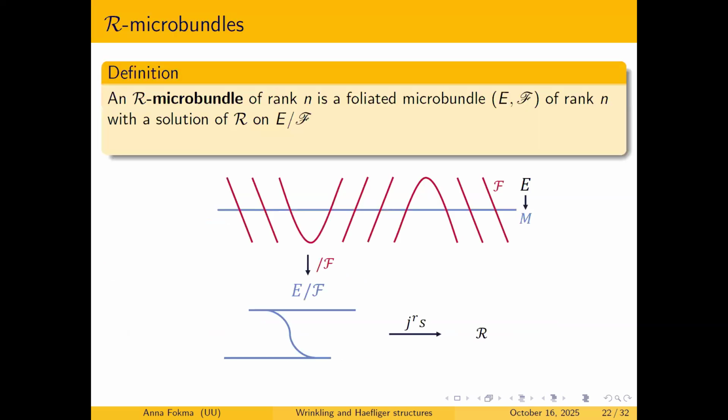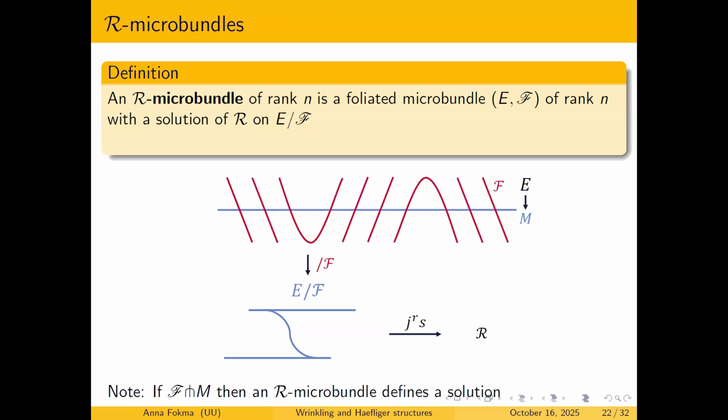Now, what are these R-microbundles? Well, they consist of a foliated microbundle with some solution. Morally, you should think of it as having a solution on its leaf space. I've drawn this foliated microbundle again, and at the bottom of it is its leaf space, and on that space we have a solution of the relation.